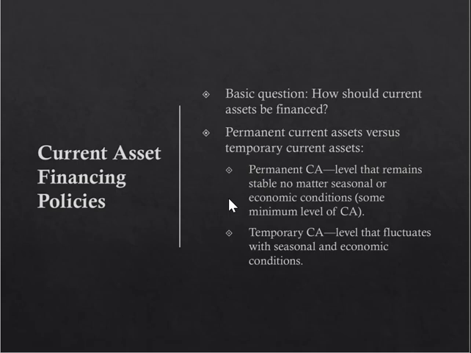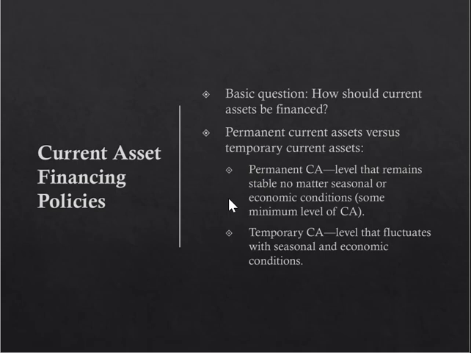And I'll give you an extreme example. Suppose you make artificial Christmas trees. You're going to build inventory probably in July and August for manufacture in September to ship in October so that the inventory can be sold by retailers in November and December. And then you're not going to have much inventory from January through June or July because there's not a lot of demand for your goods.